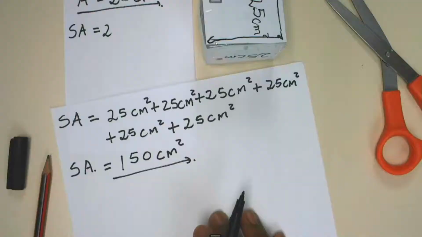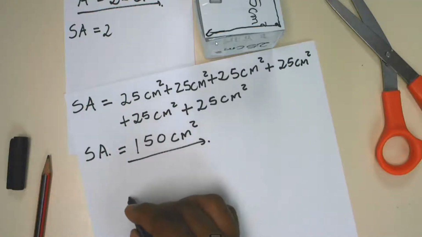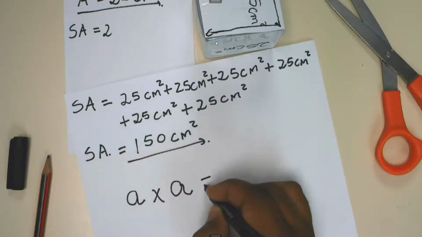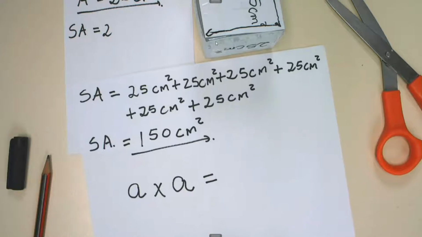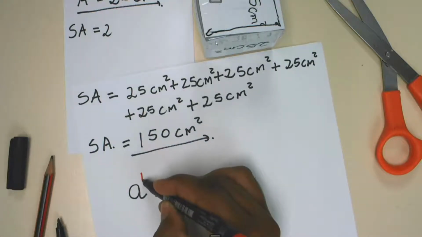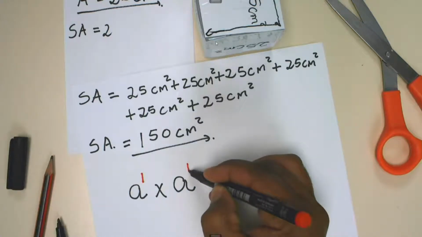Let me just demonstrate this. If I have, say, A multiplying A, this will result into what? We know, as you were dealing with the exponents, that if it's not written, it means the exponent is 1.